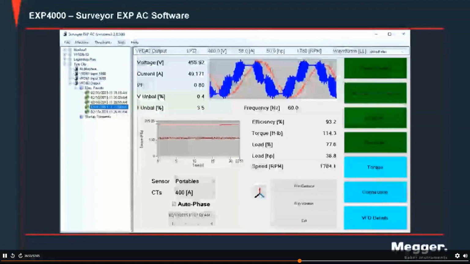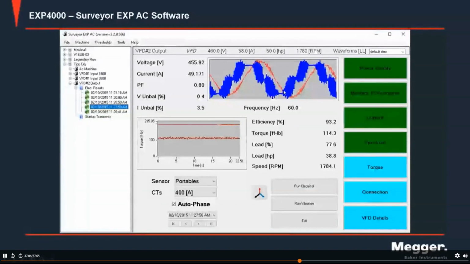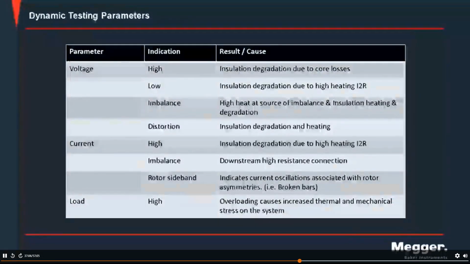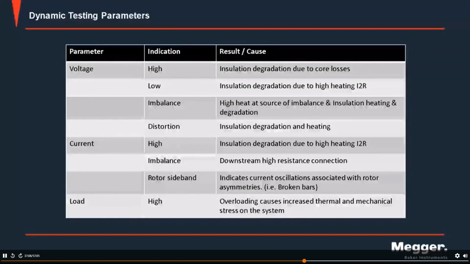And of course, for a VFD, that's pretty common. We get this really high frequency content, PWM driven shape of the voltage that's going to be applied at a specific voltage and frequency. So the parameters of dynamic testing is looking at voltage, of course, voltage, current, load. Each of these parameters could be high, low, imbalanced, distorted.